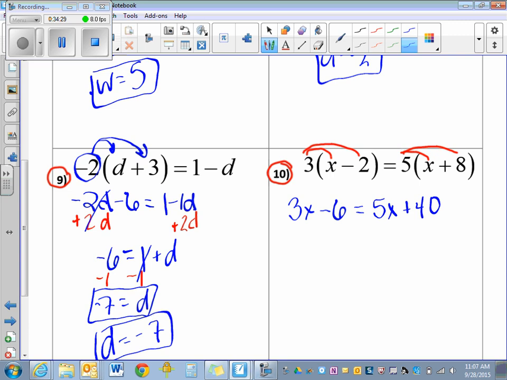Here, I think I'm going to subtract my 3x, because again, that gives me a positive value here. So 3x minus 3x is 0, so that cancels out. So I have left negative 6. 5x minus 3x, they are like terms, so 5 minus 3 is 2x plus 40.